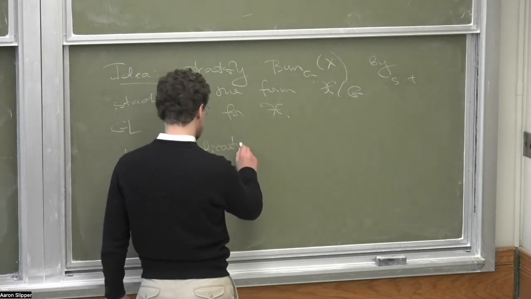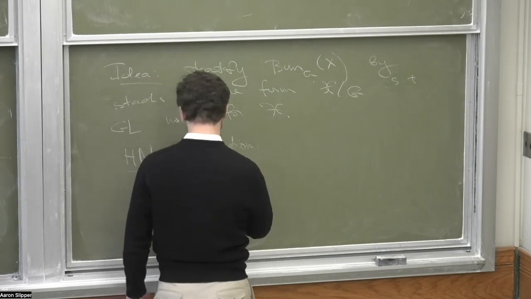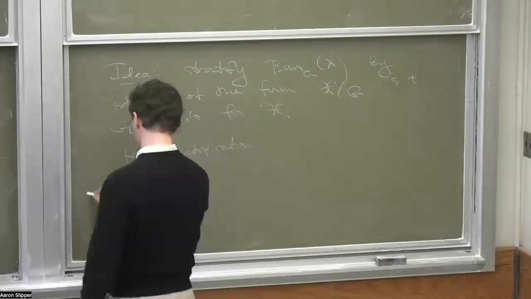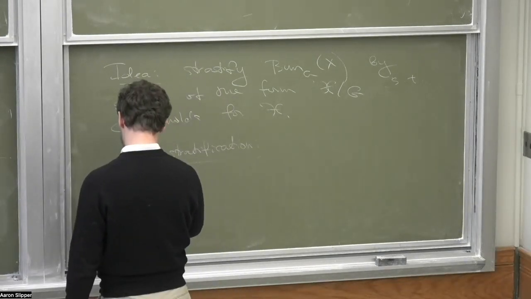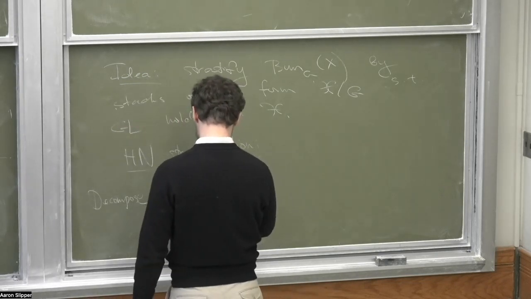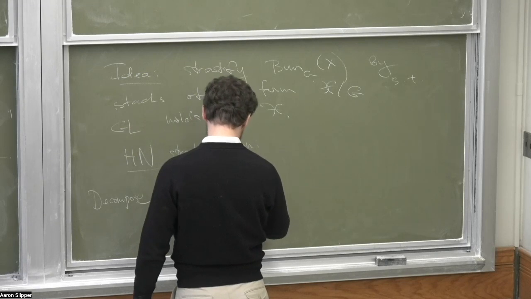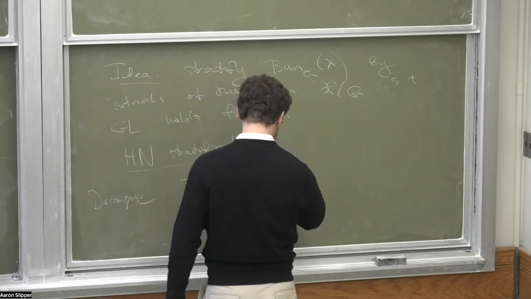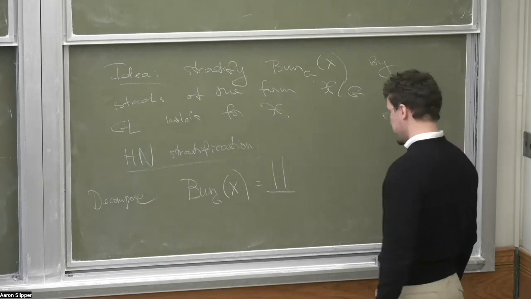So we are going to do two things. First, we're going to decompose Bun_G as the disjoint union over all degrees.